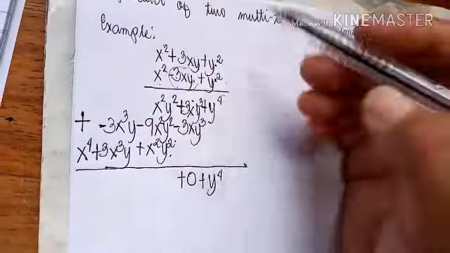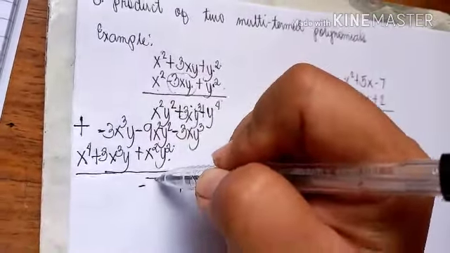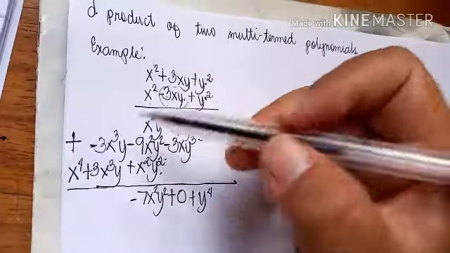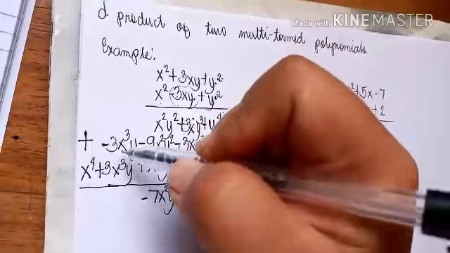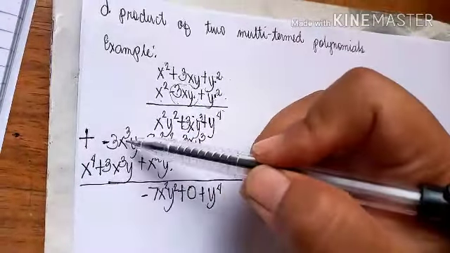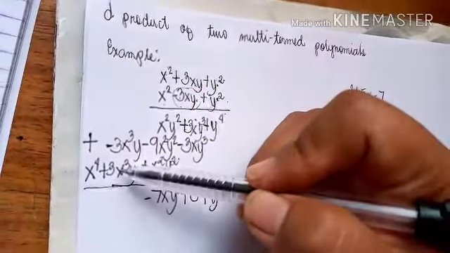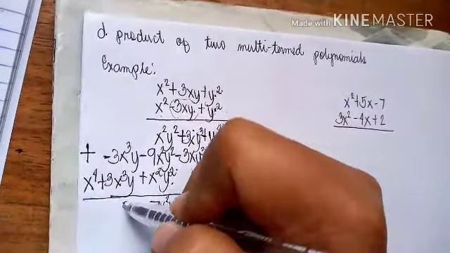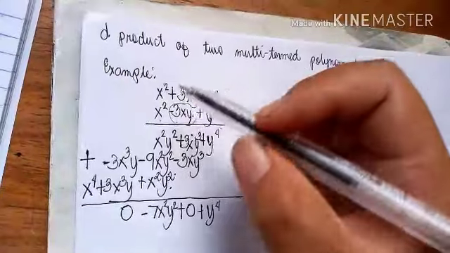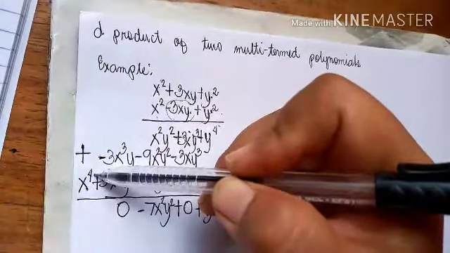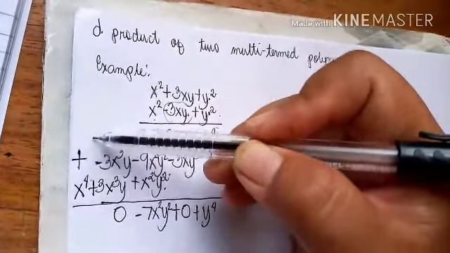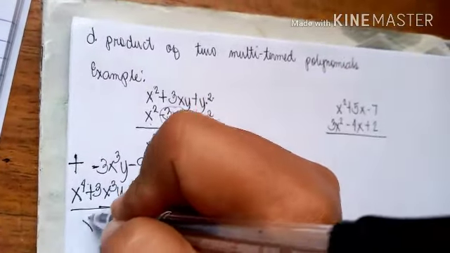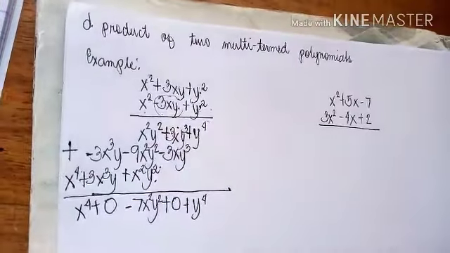That would be negative 7x squared y squared. And of course, we have here negative x cubed y plus positive 3x cubed y. That would be 0. And x raised to 4, since it doesn't have any other similar terms, we're just gonna bring it down. So that is x raised to 4.